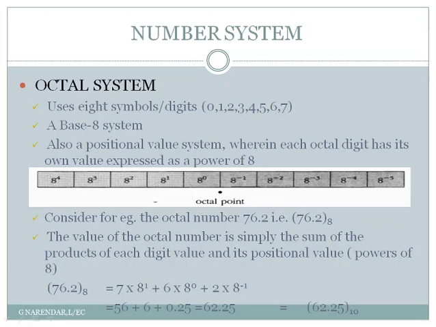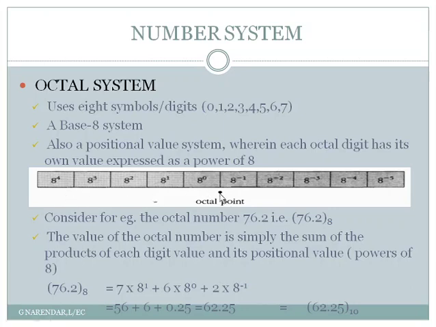As you can see here in the slide, there is an octal point. This is very similar to the decimal point in decimal numbers, and the binary point for binary numbers; similarly, this is called the octal point for octal numbers. If you take a general number which contains a fractional part also, you will find the octal point somewhere in between.